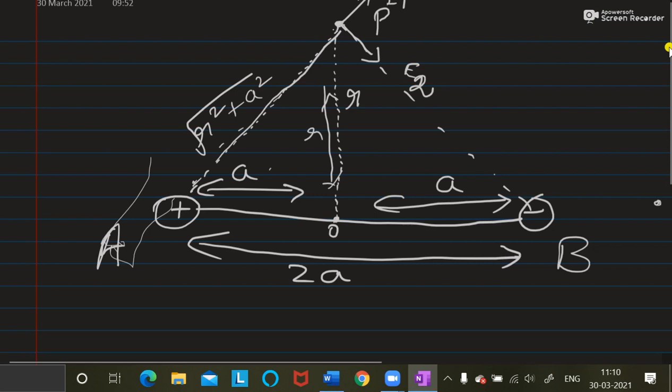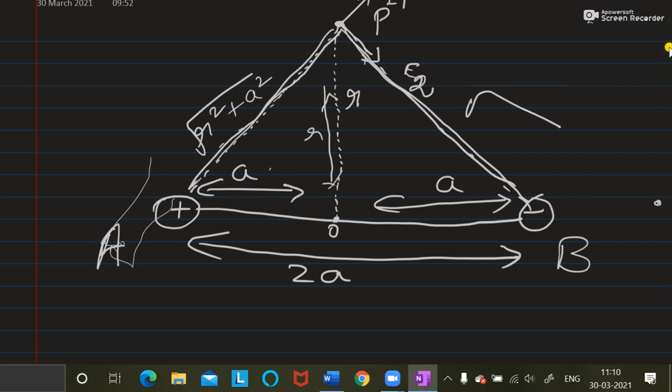The AP distance is root of r square plus a square. Tell me what is the BP distance, this distance? Root of r square plus a square.